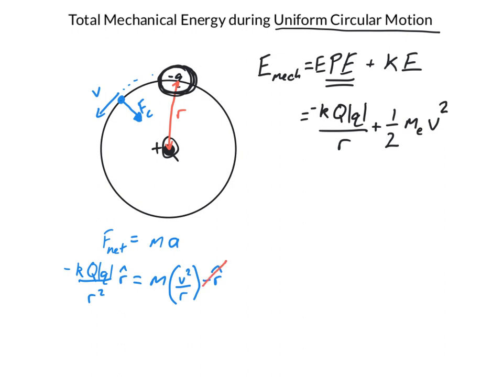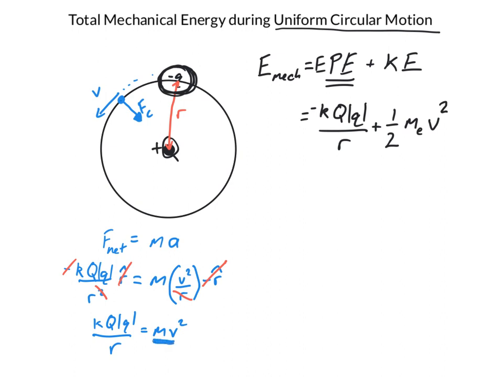Negative R hat, negative R hat. 1 order of R, 1 order of R. And we end up with mv squared is equal to k q magnitude of q over R.